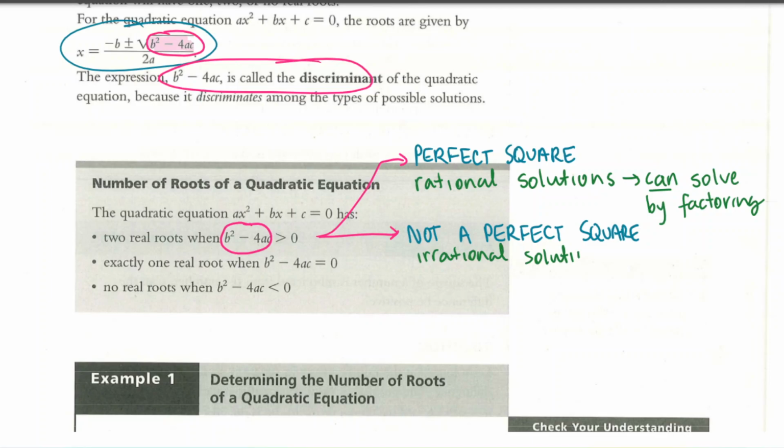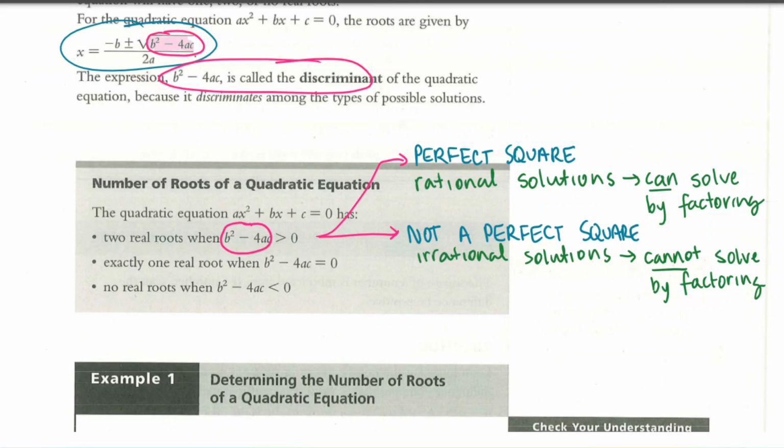Which, when you have irrational solutions, that means you cannot solve by factoring. Because if you try to solve it by factoring, you won't be able to think of the factors. So cannot solve by factoring. So you would use the quadratic formula, or you could use completing the square to solve the equation.